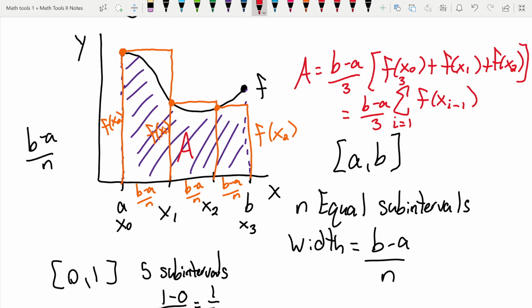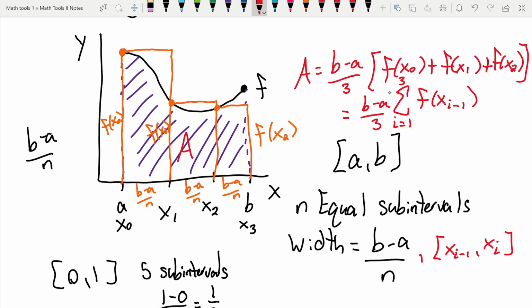Okay. So generally we say that the subinterval goes from x sub i minus 1 to x sub i. So the left endpoint of it is x sub i minus 1. That's why I wrote x sub i minus 1 here for the argument of the function.